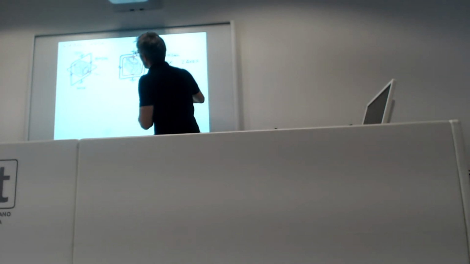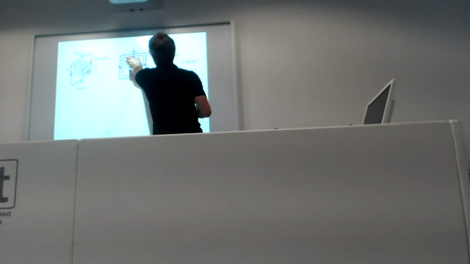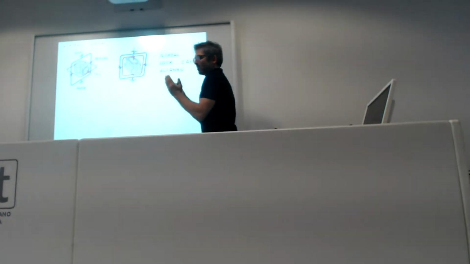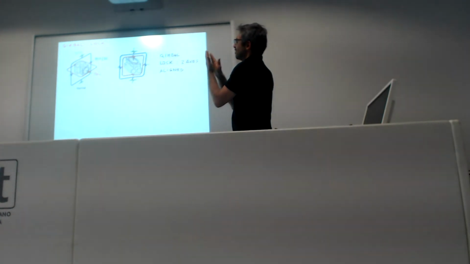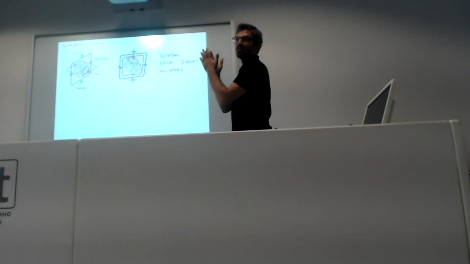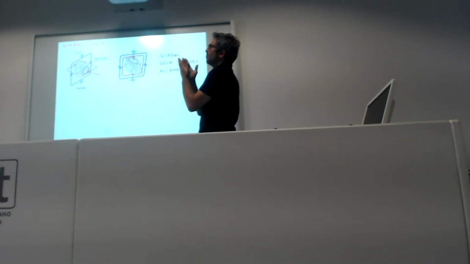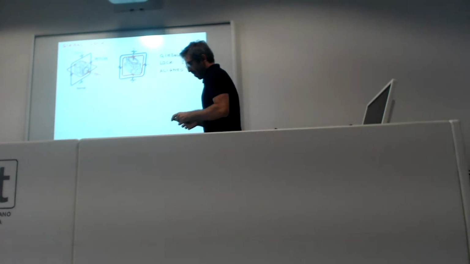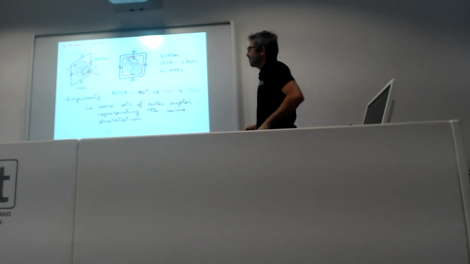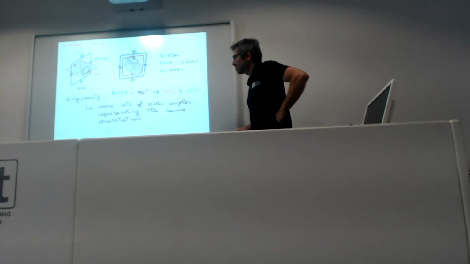The yaw is represented by the blue, the roll is represented by the red, so you can understand that if you move yaw or you move roll, you're not able to distinguish. You can move both of them one against the other, and you get the same orientation. So more sets of Euler angles represent the same orientation.